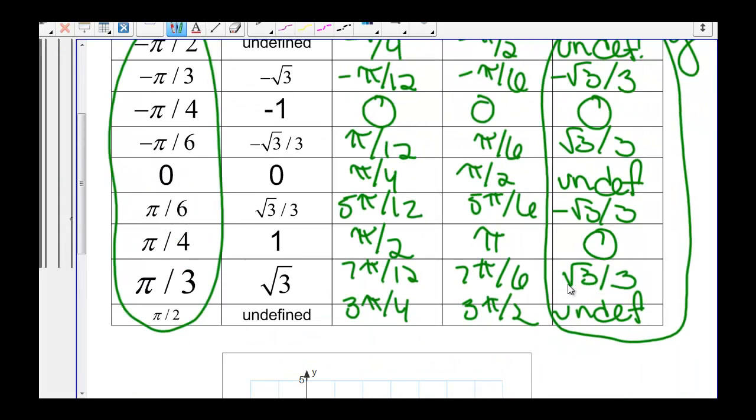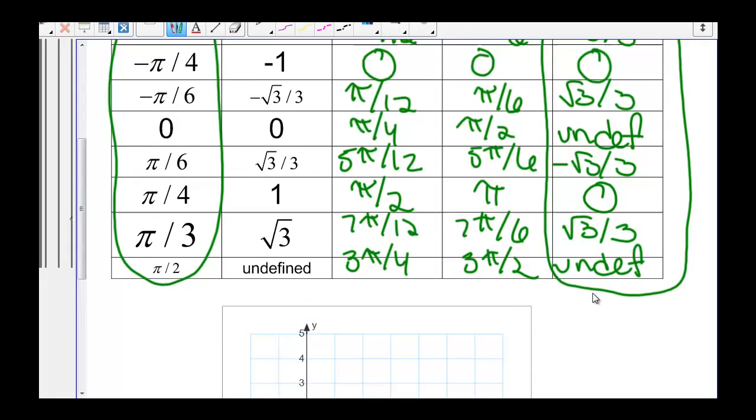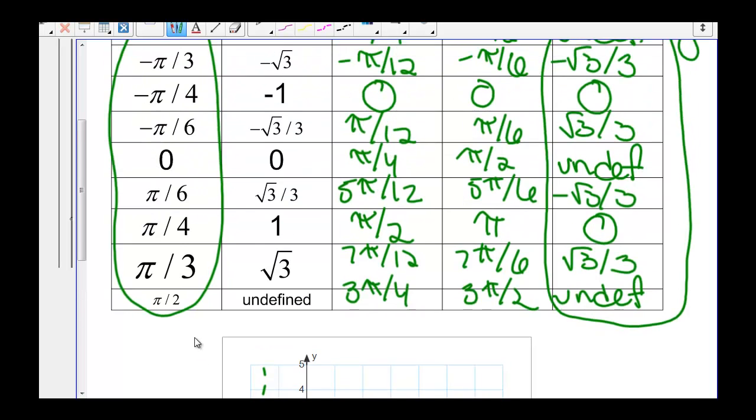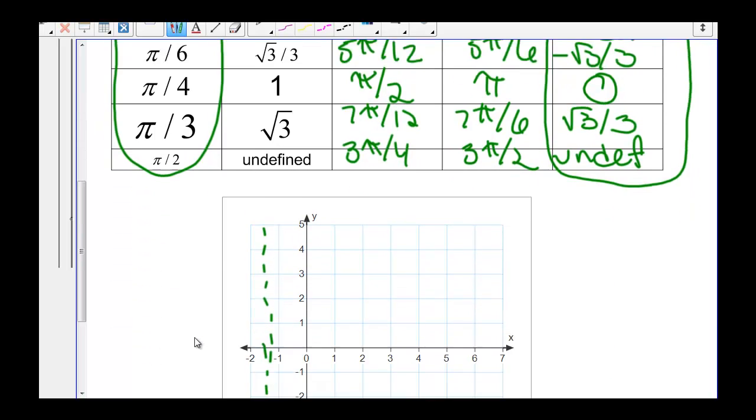So graphing these values, at negative pi over 2 we are undefined, so we have an asymptote. At negative pi over 3, we're at negative square root of 3 over 3.